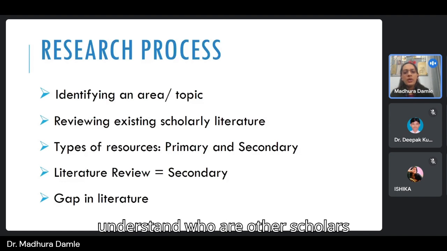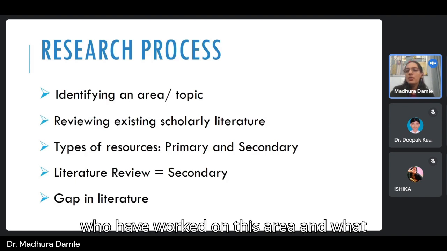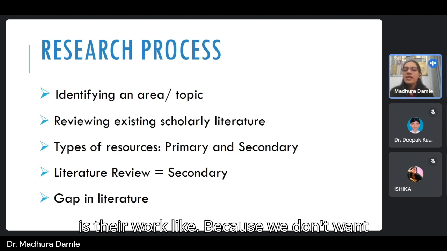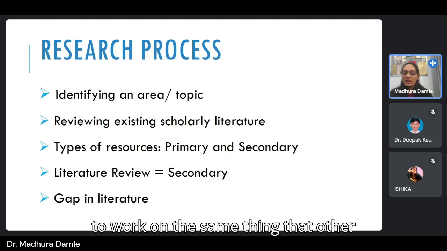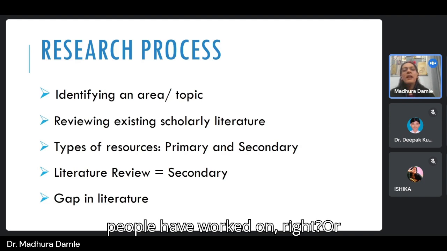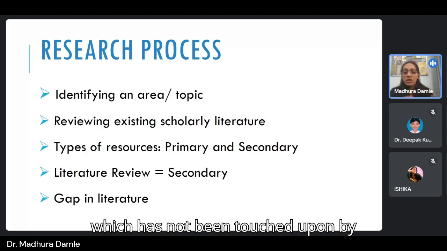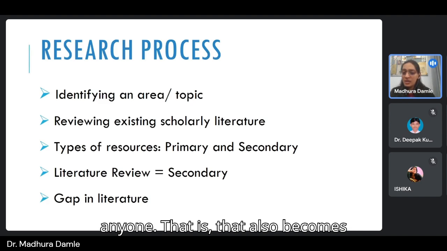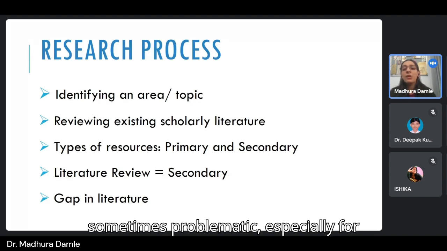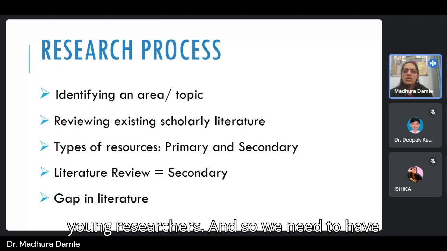That is, we try to understand who the other scholars are who have worked on this area and what their work is like. Because we don't want to work on the same thing that other people have worked on, right? Or we don't want to work on an area which has not been touched upon by anyone. That also sometimes becomes problematic, especially for young researchers.